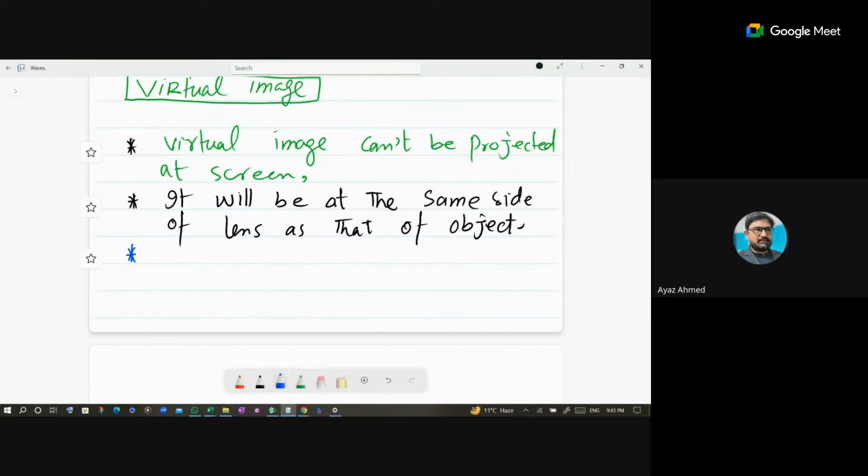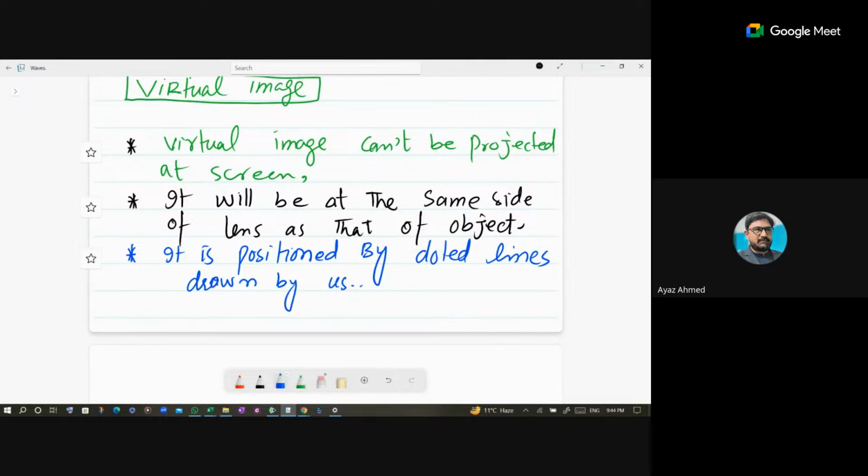Is this clear? A virtual image is positioned by dotted lines. You draw those lines by yourself. Lines drawn by us.